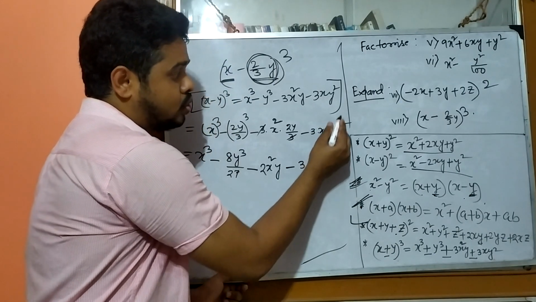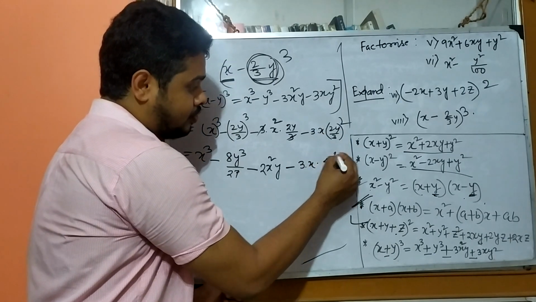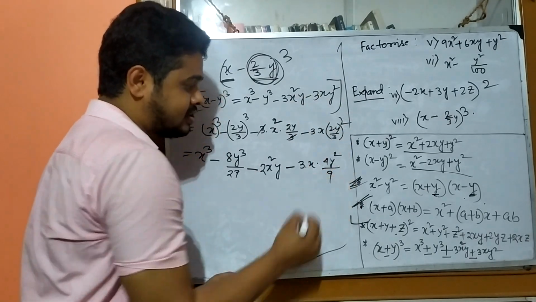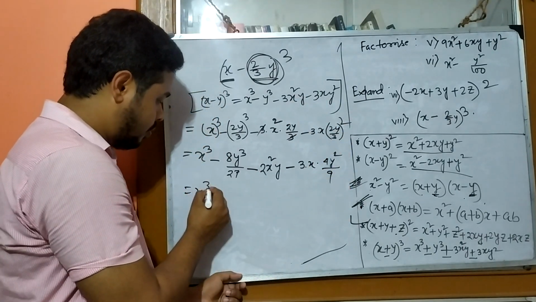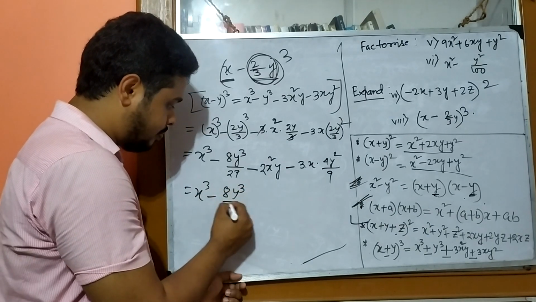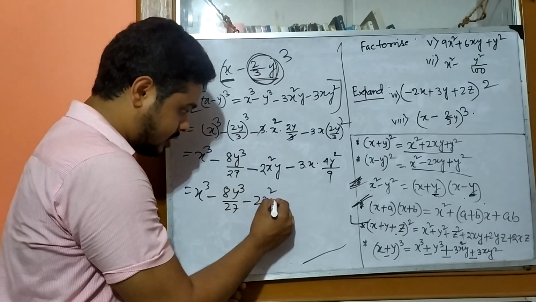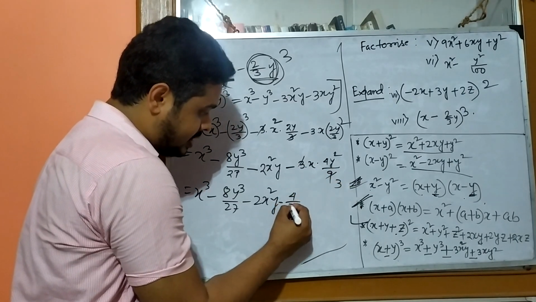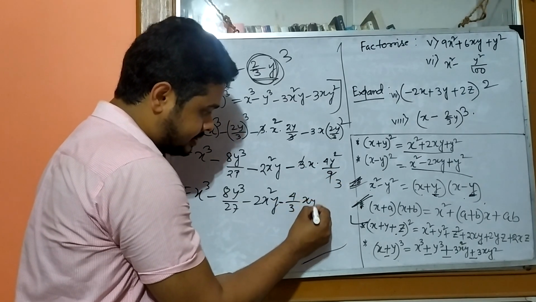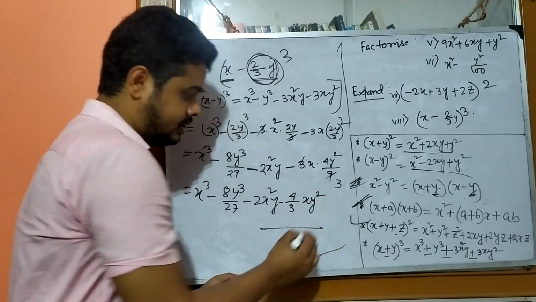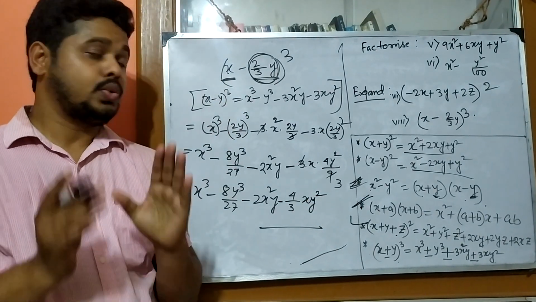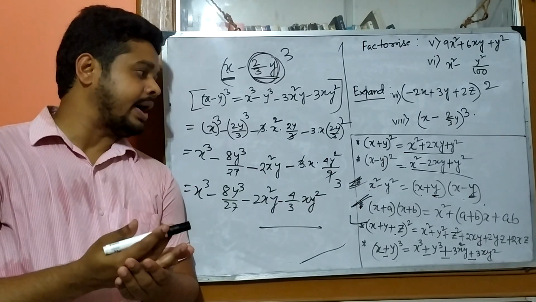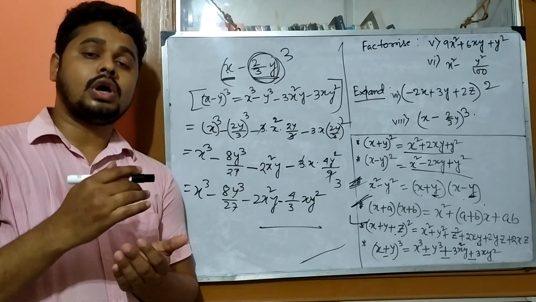After that (2y) whole square means we can write 4y square, by 3 square is 9. So we can write 8y cube by 27 minus 2x square y. 3 3s are cancelled. That means 4 by 3 xy square.